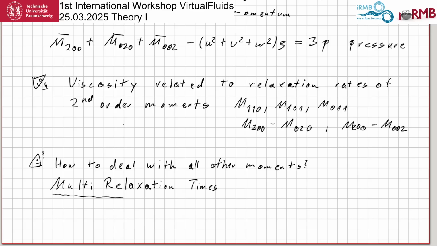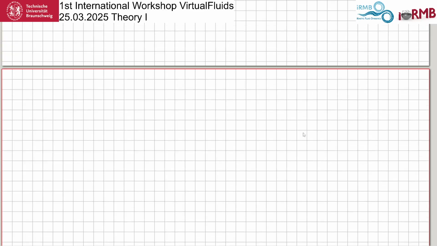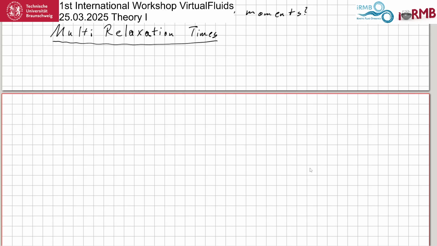Unfortunately, there is a method called like this, which is usually something extremely specific. We are not doing it that way, we are doing it a different way, but we are also using multiple relaxation times. So this is not the MRT method, as it's called.